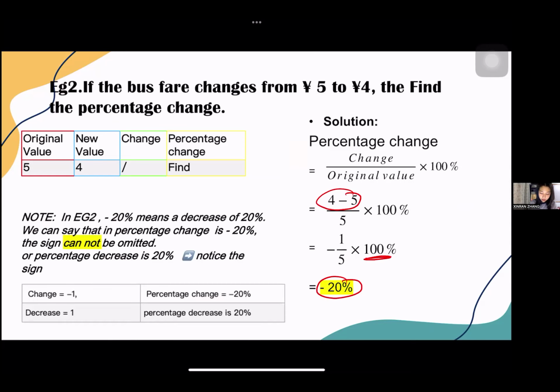It is because, first, this minus cannot be ignored, it must be here. And second, if you want to say percentage decrease, it already means there is a negative sign, so we can just put 20% instead of minus 20%. Just notice the question of sign, okay? And you can also put this note onto your worksheet.